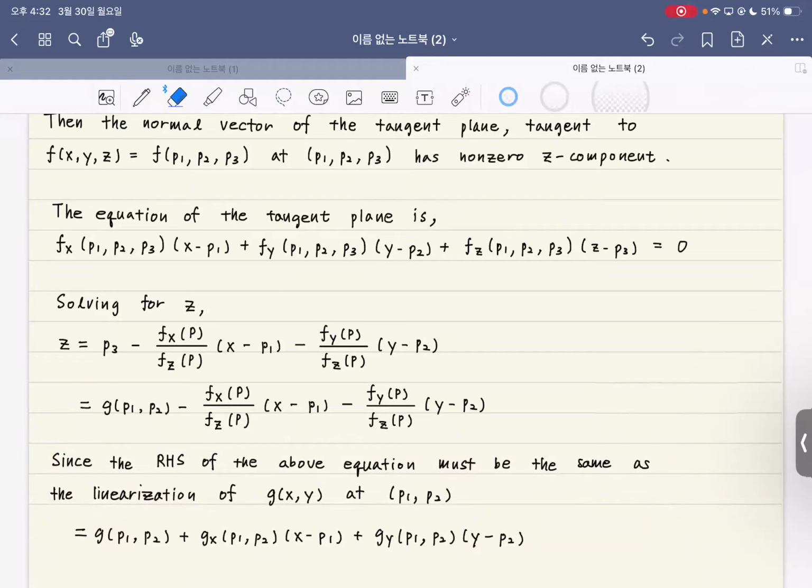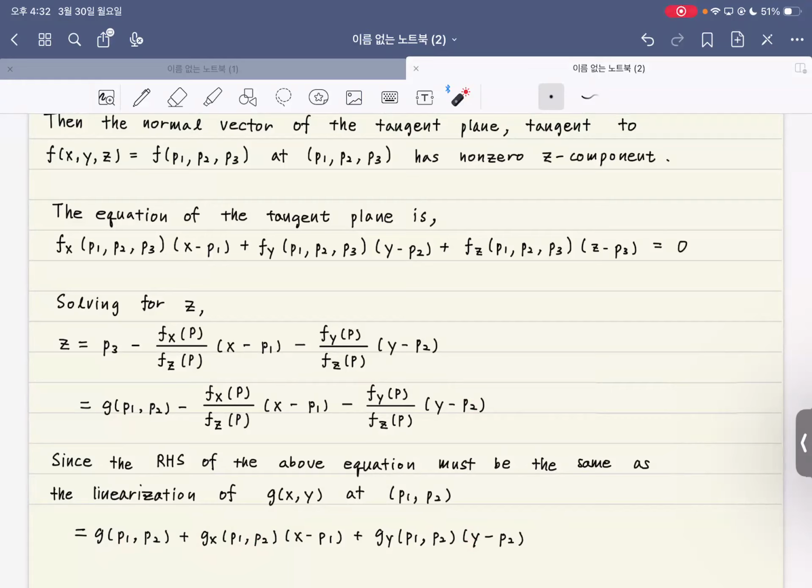The right-hand side of the above equation must be the same as the linearization of the function g at p1 and p2. Do you remember? Yeah, this is the linearization. Now compare these two. They must be identical expressions.